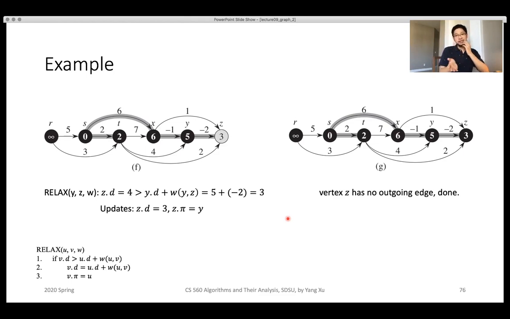So as you can see, it is a faster algorithm than Bellman-Ford, but it also has additional constraints on the input graph. Okay, so next we're going to talk about a third kind of algorithm, Dijkstra's algorithm, to solve the shortest path problem with much more efficiency.